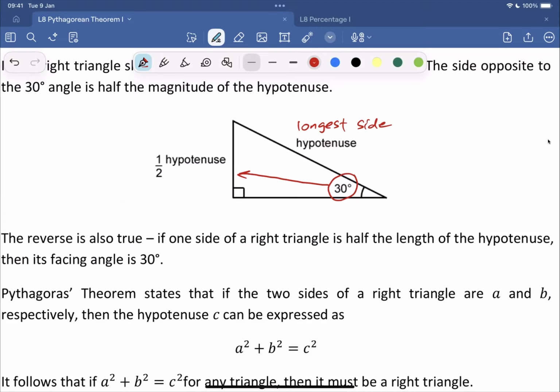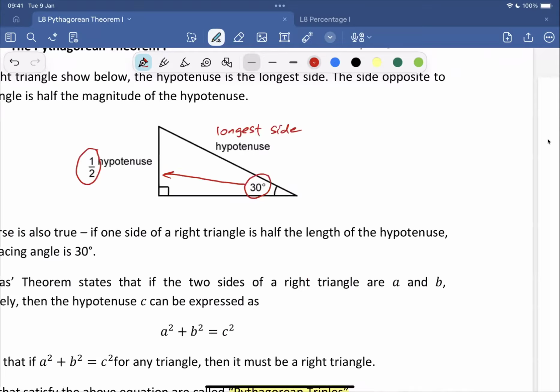And by the way, hypotenuse only exists in right-angled triangles. Right-angled triangles, okay? Not just any triangle, right-angled triangles. So the hypotenuse is the longest side. If you see 30 degrees, all you need to do is look at the side which is opposite the 30 degrees. It will be half the length of the hypotenuse.